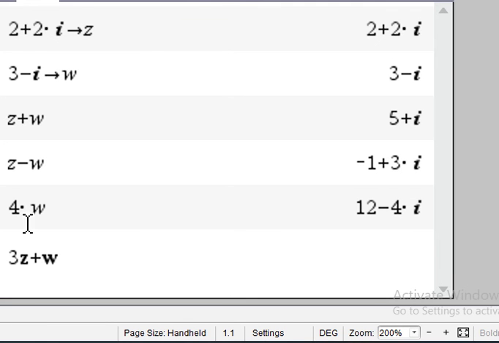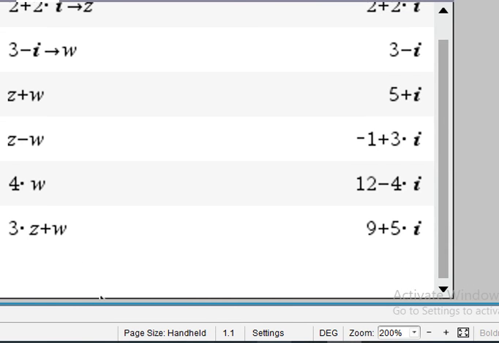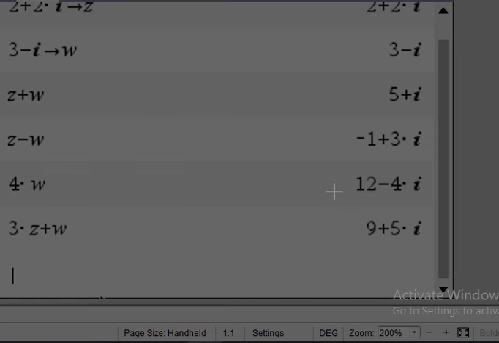Followed by 3z plus w. And one of the best things about this is it does not matter how complicated your computation is, because we're letting the calculator do the work anyway.